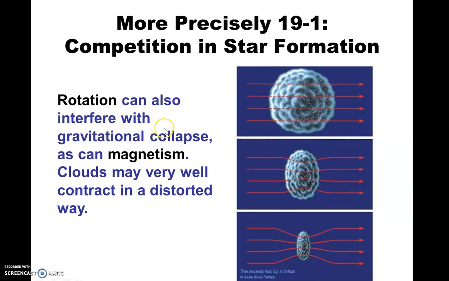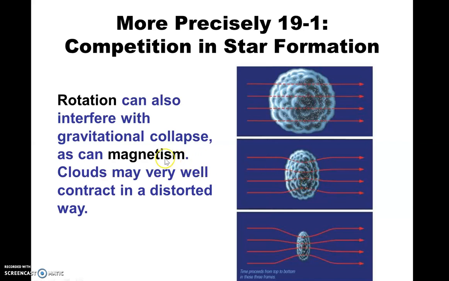Here's something that happens. Now we're looking at literally trillions and trillions of atoms. If the overall cloud is rotating, that will actually prevent collapse from happening as well.